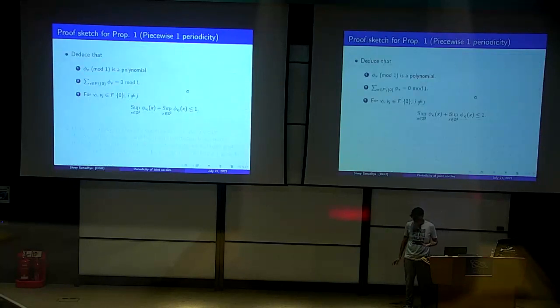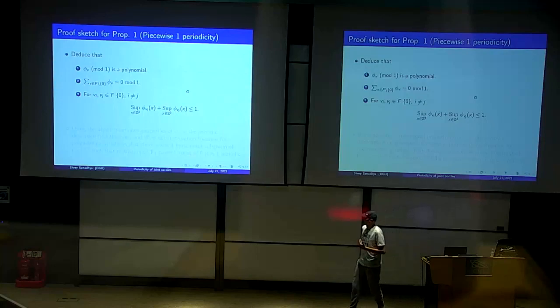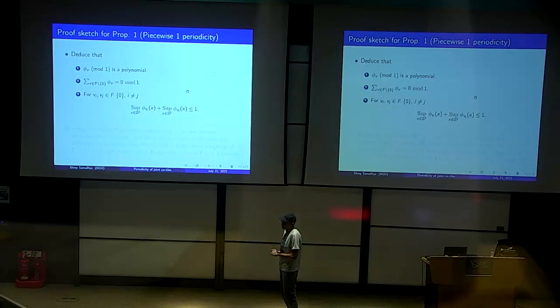The next step was done in the paper by Greenfeld-Tao. They use that Qv mod 1 is a polynomial, their sum is 0 mod 1, and if you take two of them and take their supremum, they're bounded above by 1.